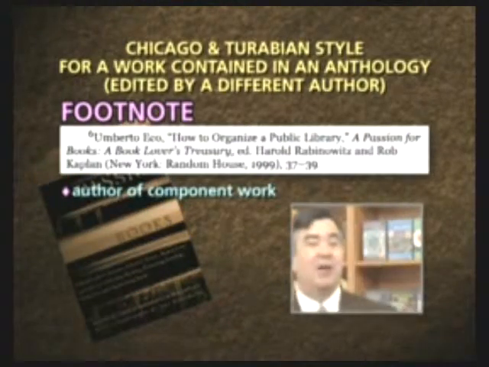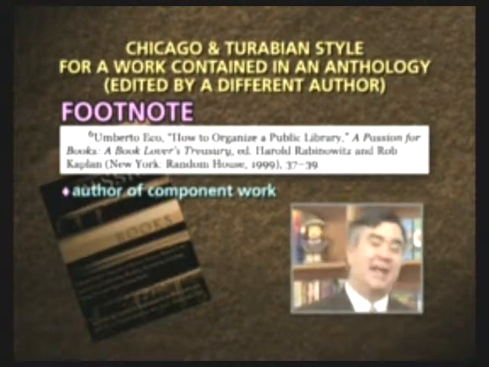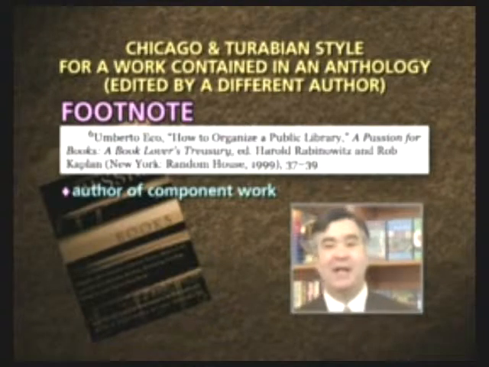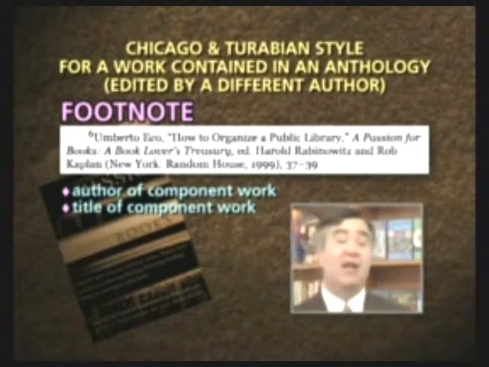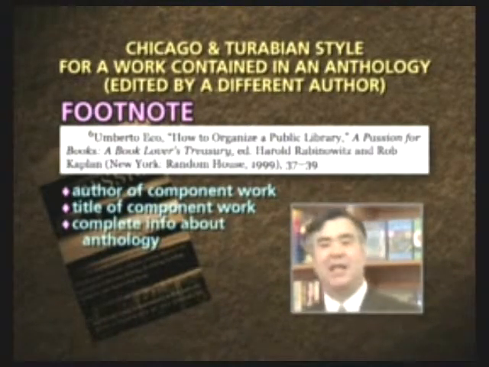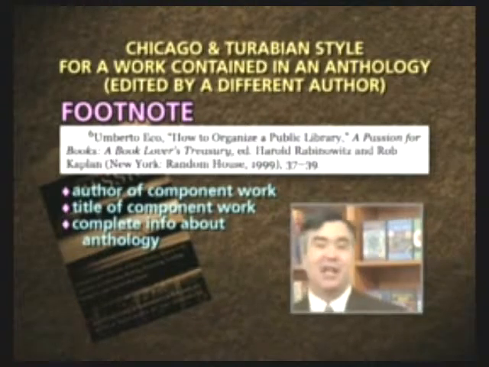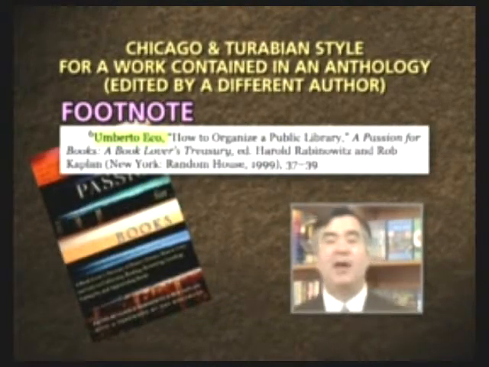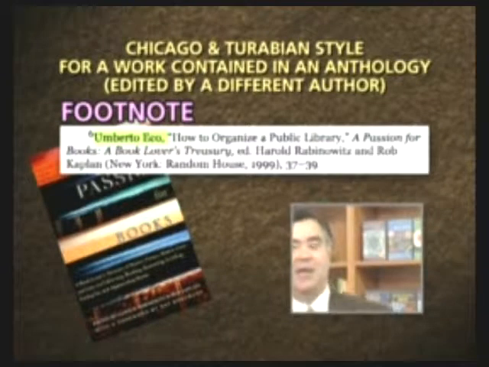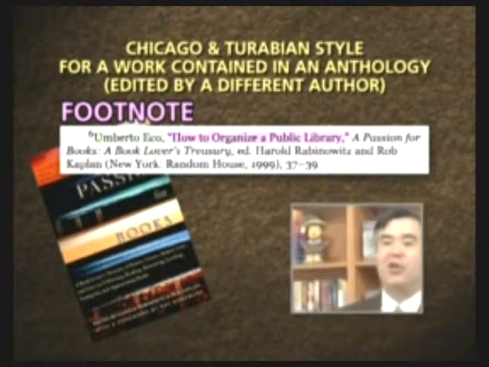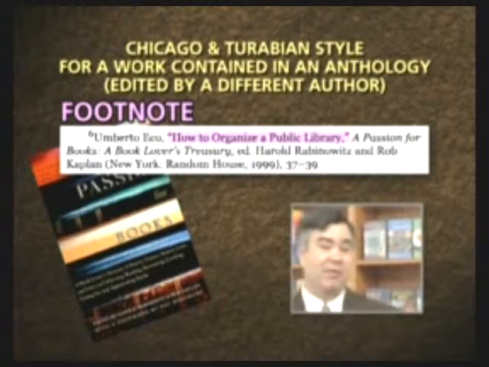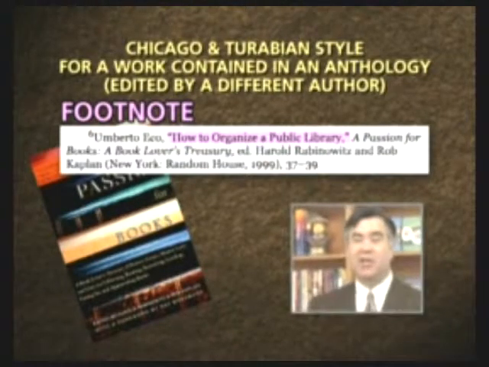You begin with the name of the author of the component work, the essay, the story, the poem, or whatever, and then the title of that work, and follow this with the complete information about the anthology, starting with its title. Here's a sample of how you would do that. Umberto Eco, that's the author's name. Here's the component work, "How to Organize a Public Library," name of a brief essay enclosed in quotation marks.